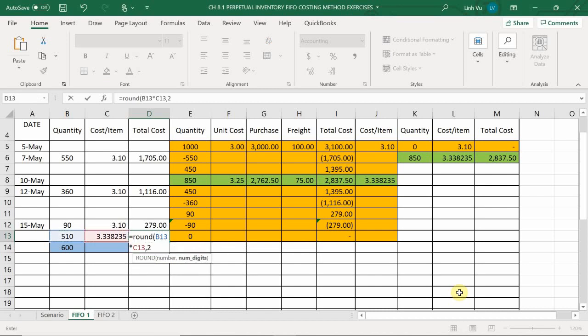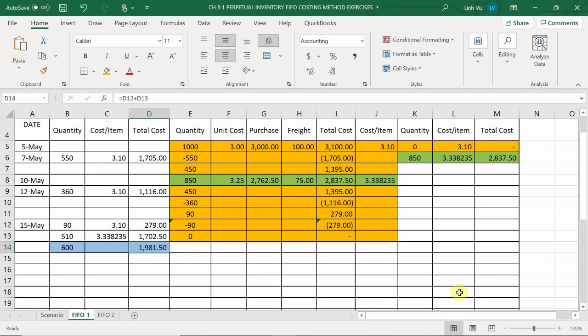And how much should my cost of goods sold be for selling 510 items at $3.338235? What's my total cost there? That is $1,702.50. Good.